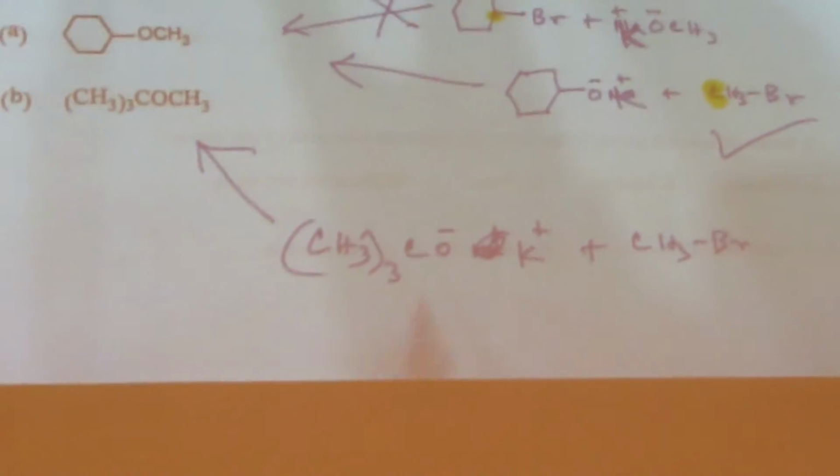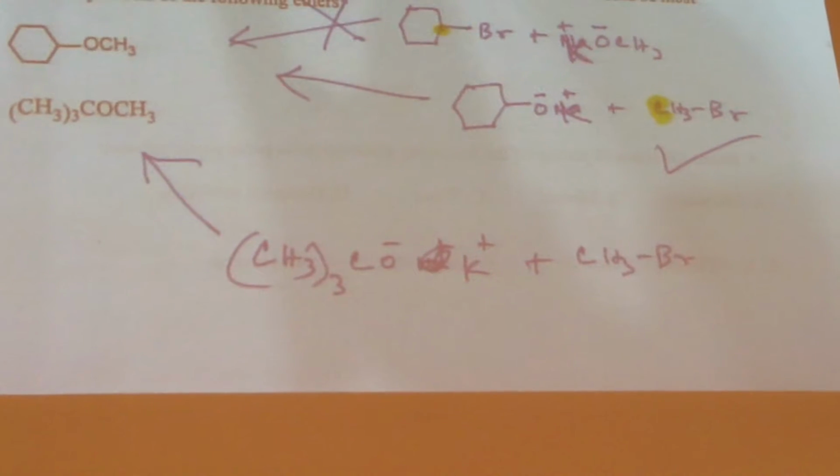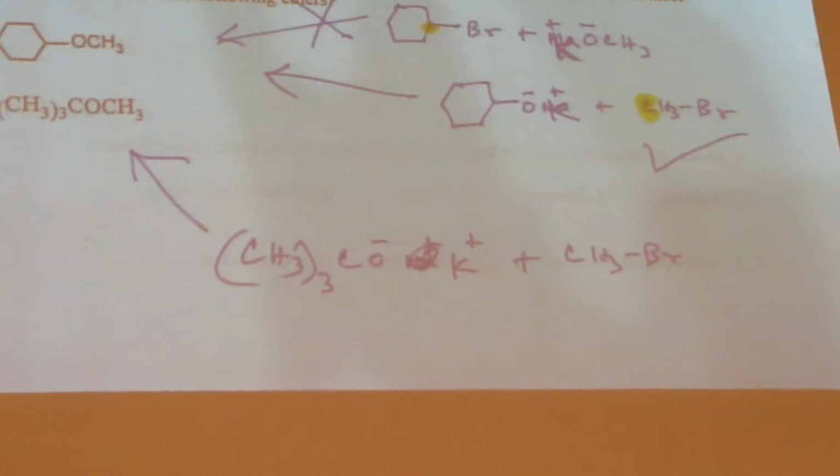Sorry, why am I writing sodium? They should all be K. Plus methyl bromide. Okay. So that will be the one. I didn't write the other one because, again, it will have the same argument, that it is going to undergo elimination.